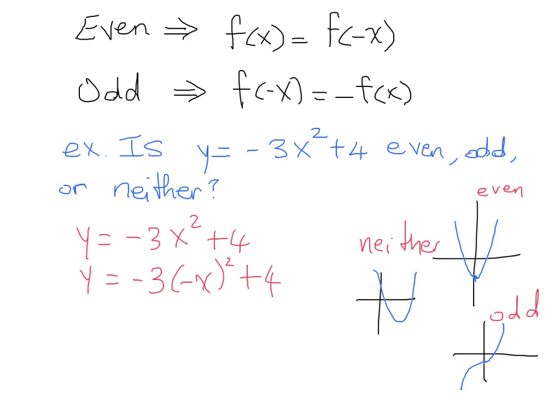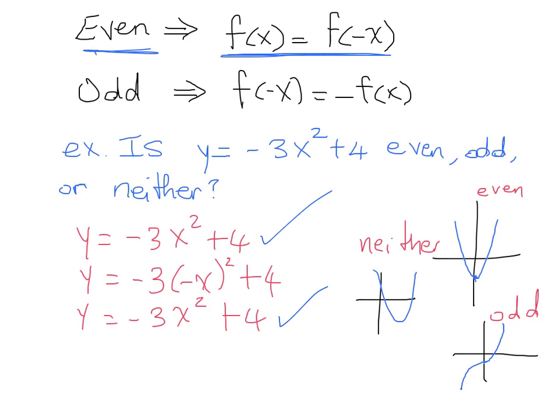And here, when we simplify, negative 3 times... when you square negative x, it's actually x squared, plus 4. And as you can see, the new function is the exact same thing as the old function. And so since they are the same, the function that we just tried is even.